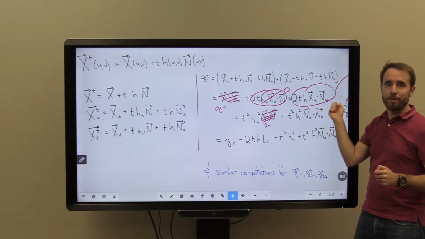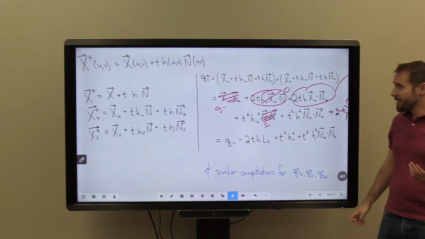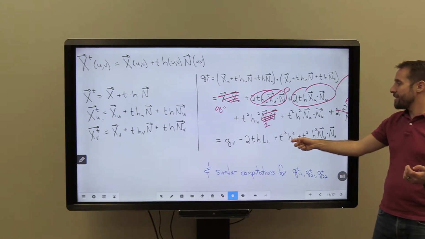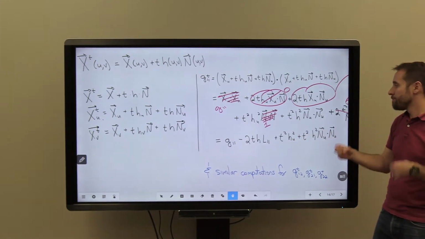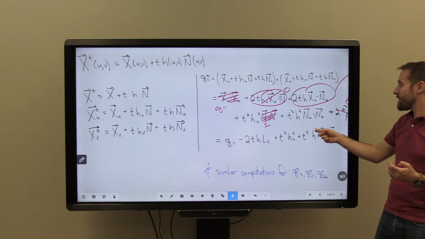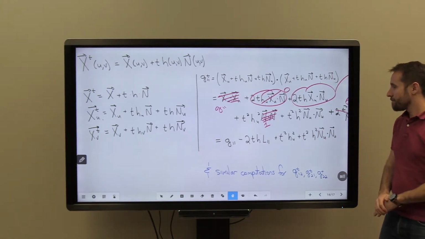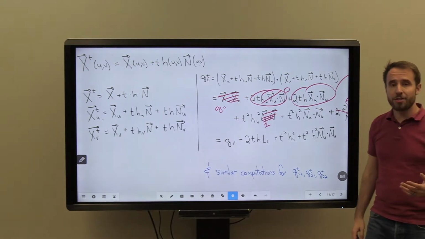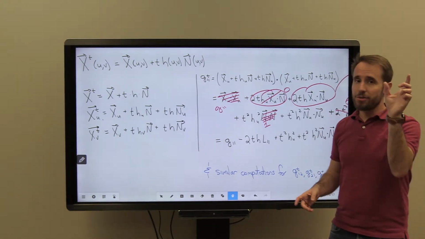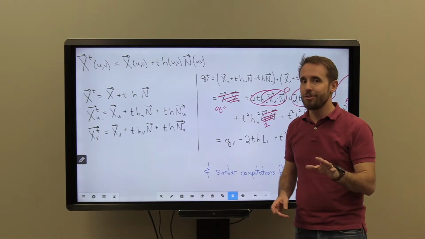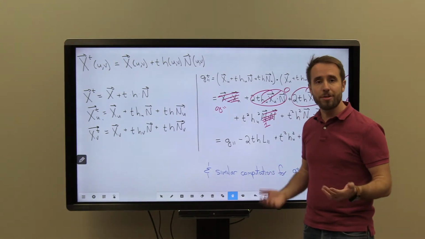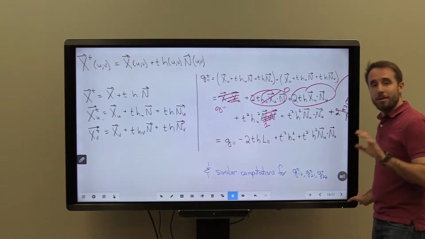That was this piece we were just talking through, plus t squared times h sub u squared times 1, plus t squared times h squared times nu dotted with nu. And there are similar computations we can do for our other entries as well. So the G12, the G21, and the G22 entries of our first fundamental form. Let's see what we get.